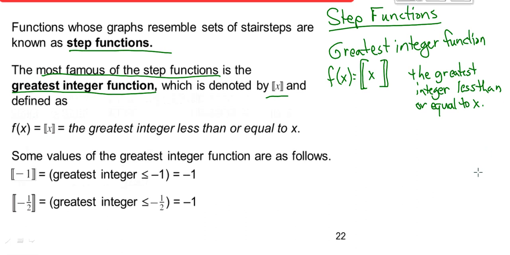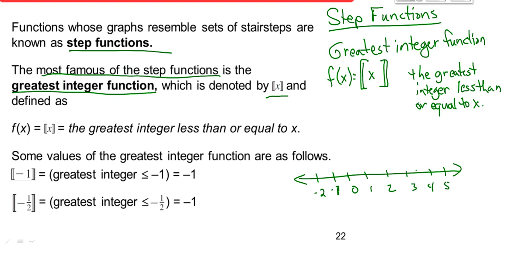So I am going to use these two slides. So some of the values: if we have the greatest integer of -1, that would be -1. The greatest integer of -1/2. For a greatest integer function, if you want to draw a little number line here so you can look at it: -2, -1, 0, 1, 2, 3, 4, 5.